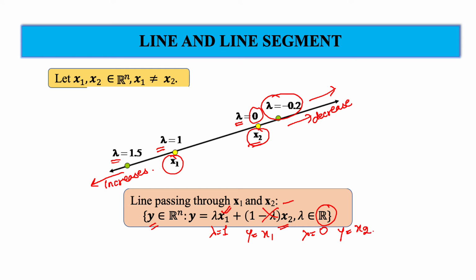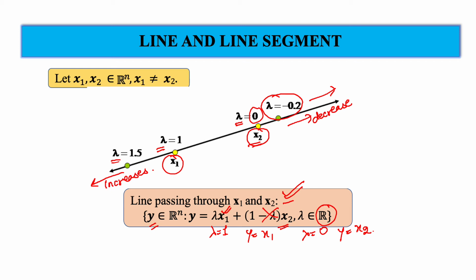So a line is parameterized by a parameter called lambda, which is a real number, and if we are given two points through which the line passes, one can set lambda at those points and find the equation of the line which passes through x1 and x2. Suppose I want to find a line passing through x1 and x2. I will define lambda for them, write down the equation, and I will get the equation for the line.